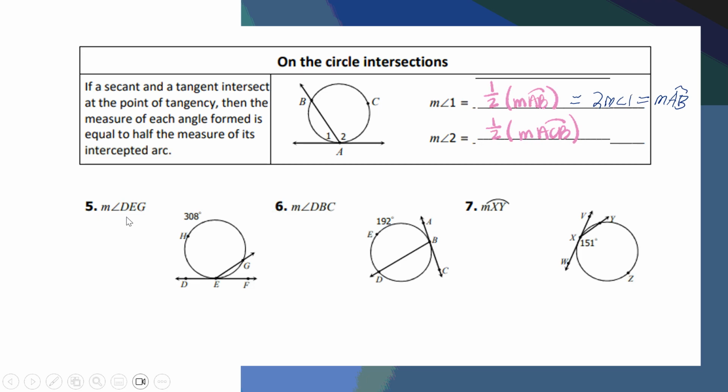It wants you to find the measure of angle DEG. So DEG is this angle here. Well, they give you the arc, so all you do is half that arc, 308. So 308 divided by 2 is 154. And that's literally it.